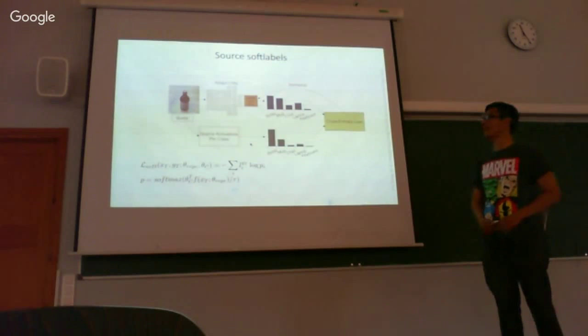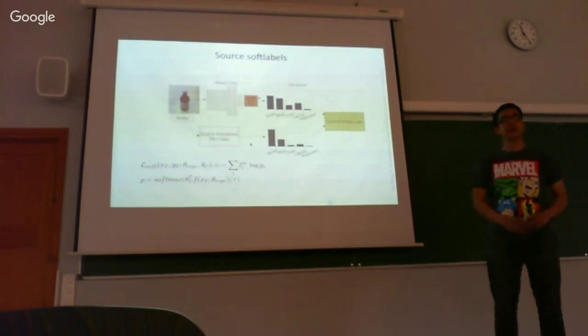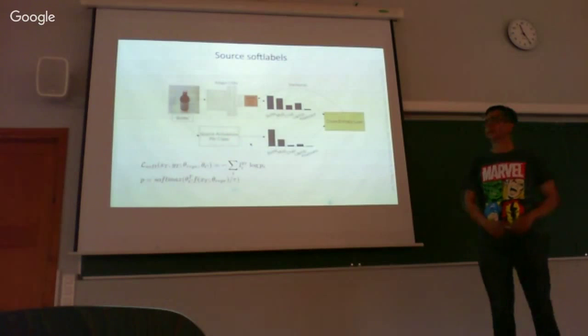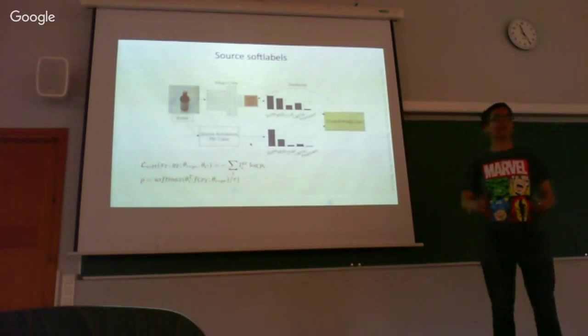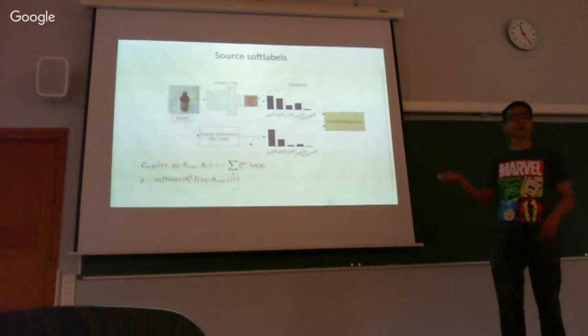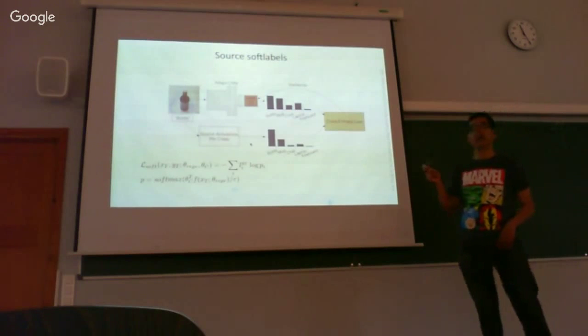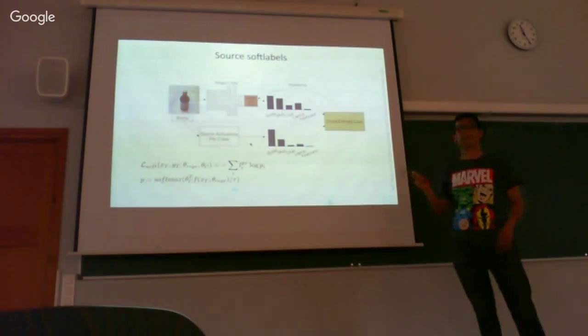Well, the thing is that you might not have data in the target data set. You might not have labels for the mug category, but you have data for the bottle category.